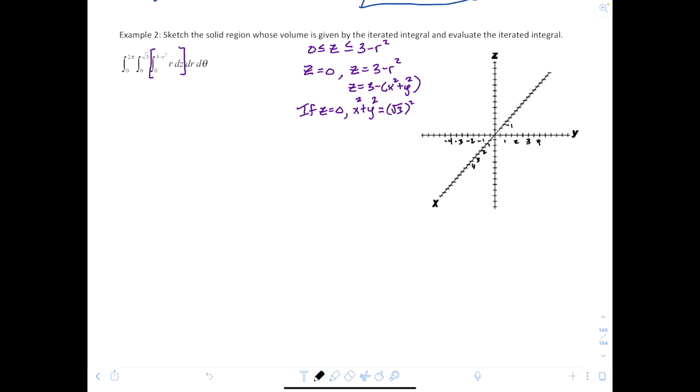And then for the z, we'll do the same. Okay, so here we go.